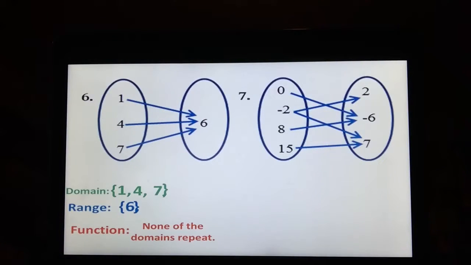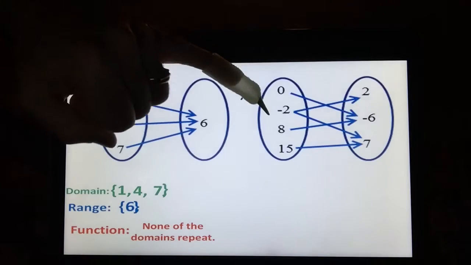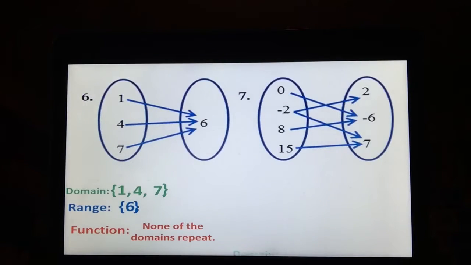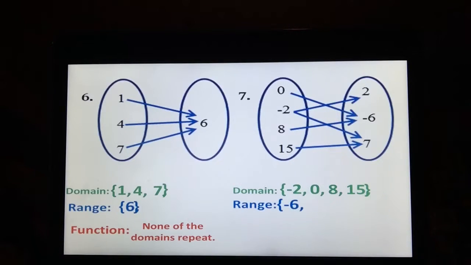All right, now for number 7, you can see that we have the domain over here. Now to write it in order, you'd have to write the -2 first. So the domain would be -2, 0, 8, and 15. The range, let's start with the -6 first, would be -6, 2, and -7.